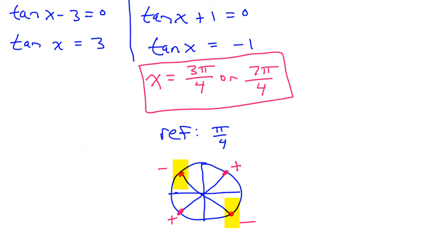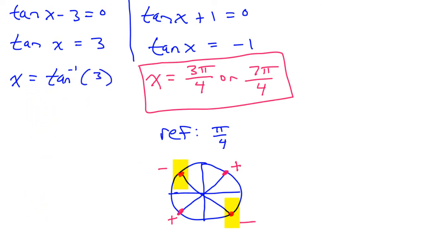But for now, I'm going to break down and use a calculator. So if I want to find the angle whose tangent is 3, I'm talking about an inverse trig function. So the angle should equal the inverse tangent of 3.